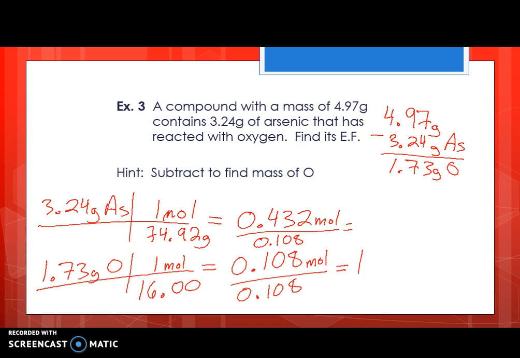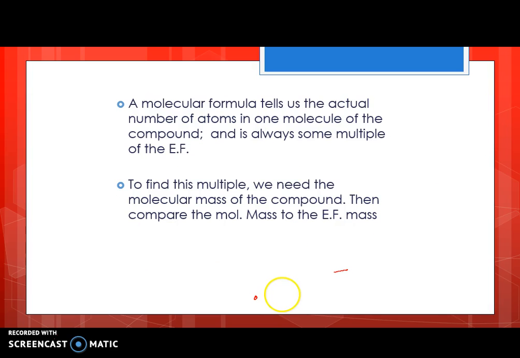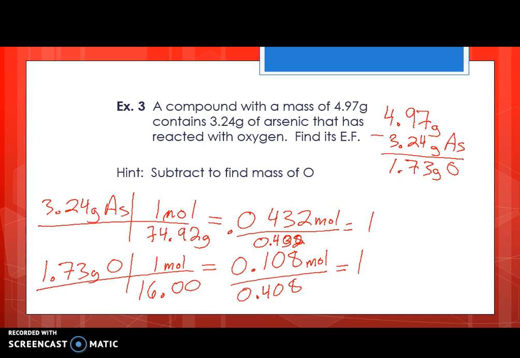Oops. 3.24 divided by 74.92 is 0.0432. So I messed up here. My decimal needs to be here. That's my smallest number, 0.0432. In this case, it's 1, dividing this by 0.0432 with the decimal in the correct spot.